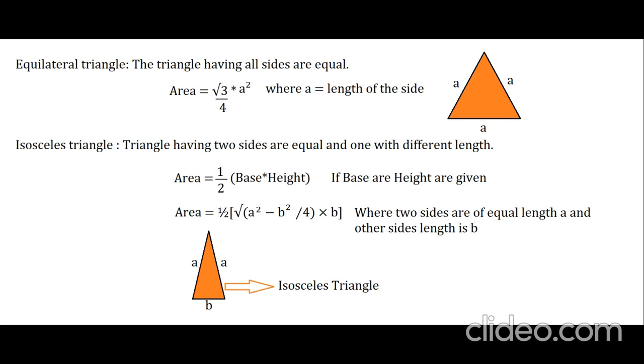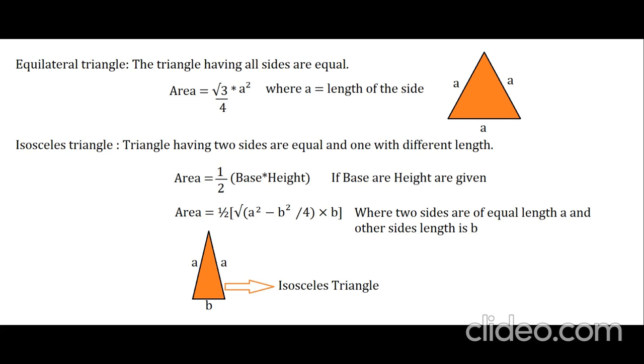And in case the base and height are not given, only side lengths are given, then you can use the formula of the isosceles triangle to find the area: half into a square root of a square minus b square divided by 4 into b, where two sides are of equal length a and the other side is of length b.